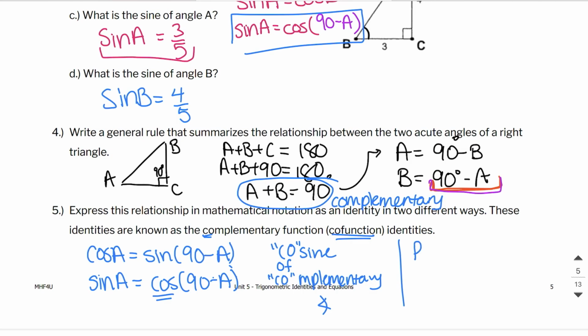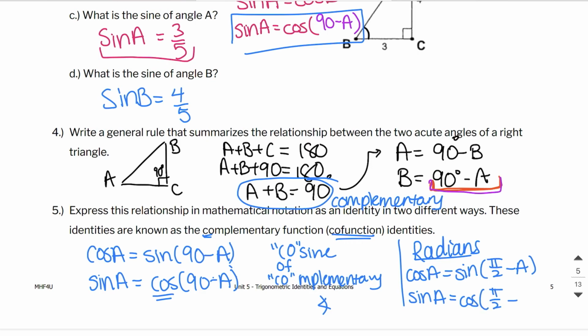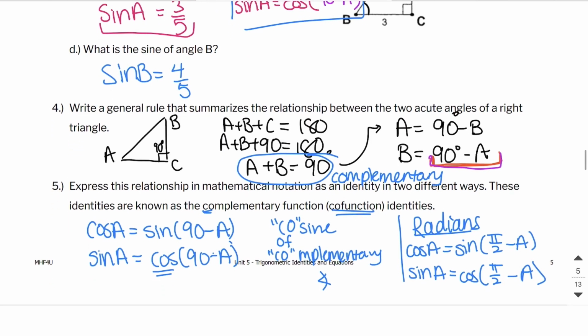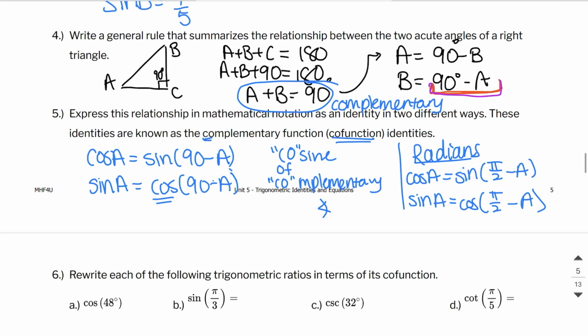But it's also really important that you remember to do this in radians as well. So we can also say that the cosine of A is equal to the sine of 90 degrees, which in radians is pi over 2, and that the sine of A is equal to the cosine of 90 degrees, which is pi over 2 again, okay? So how can we put this to use?